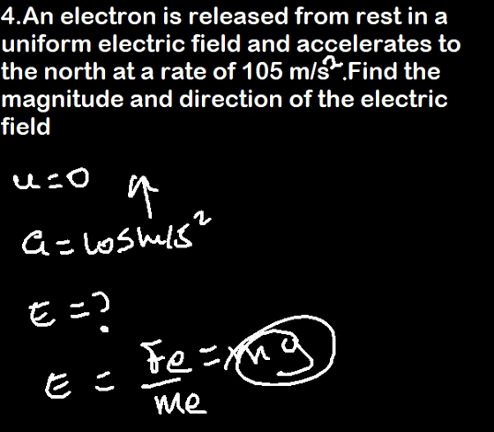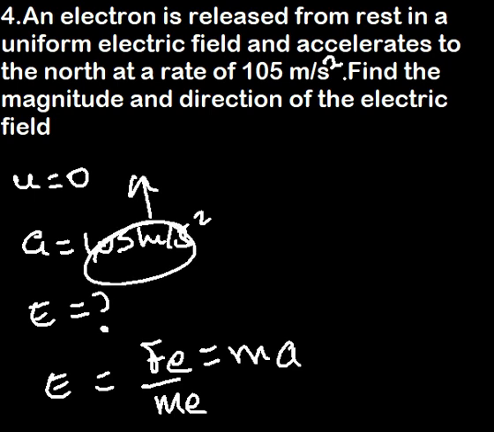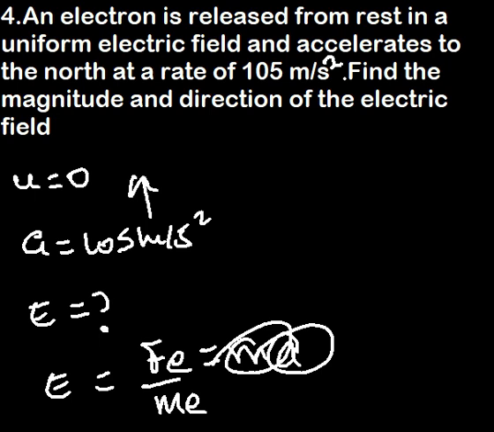We'll have it substituted here, not mg but mass times acceleration, that is simply the acceleration that we have. Mind you, I've been given the acceleration. We'll multiply here with the mass, which is the mass of a proton, actually rather the electron, and I'll be able to have the electric field in that way.